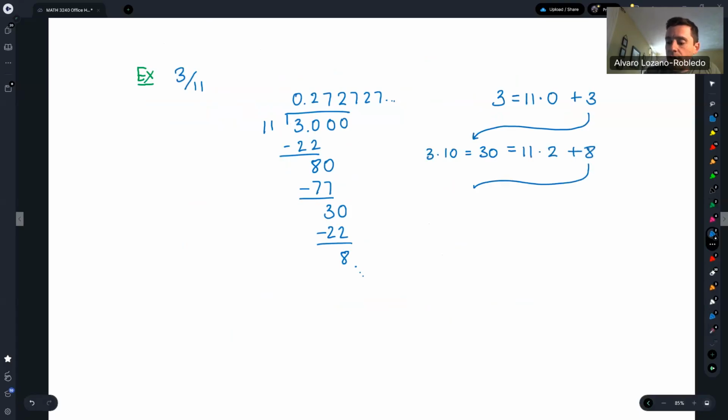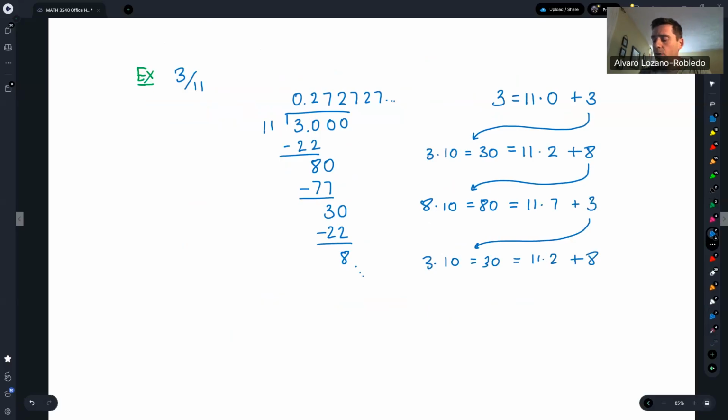Then we took this 8, multiplied it by 10, made it 80, and divided by 11: 11 times 7 is 77, which leaves 3. And then keep going like this forever. This is 30, which is 11 times 2 plus 8, and so on.